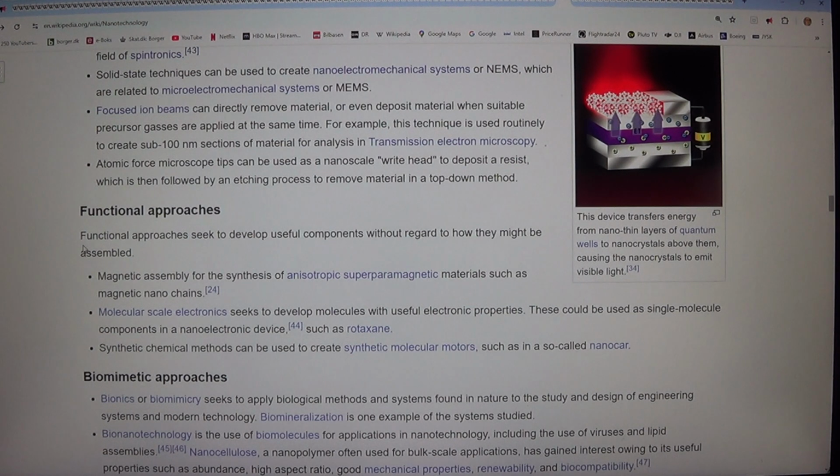For example, this technique is used routinely to create sub-100 nm sections of material for analysis in transmission electron microscopy. 4. Atomic force microscope tips can be used as a nanoscale write head to deposit a resist, which is then followed by an etching process to remove material in a top-down method.